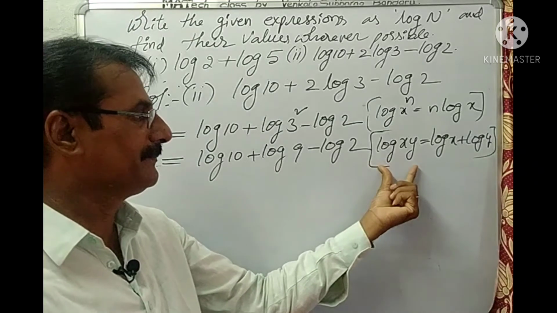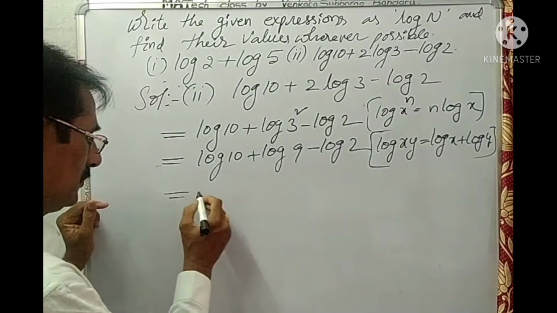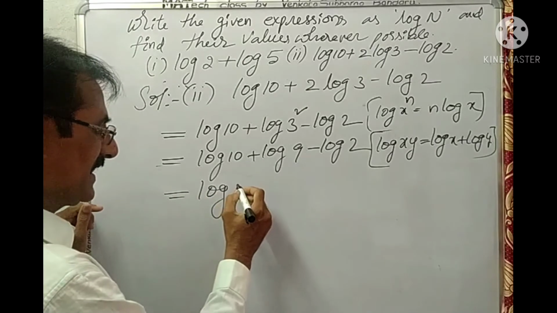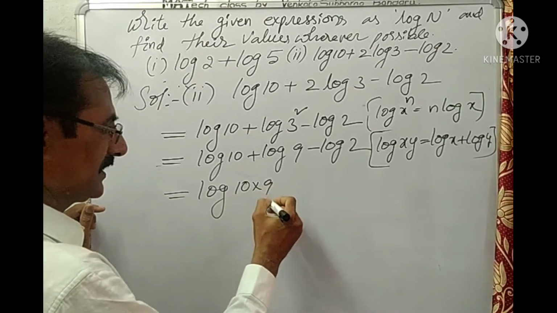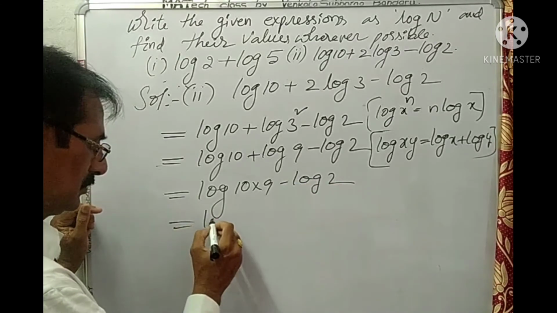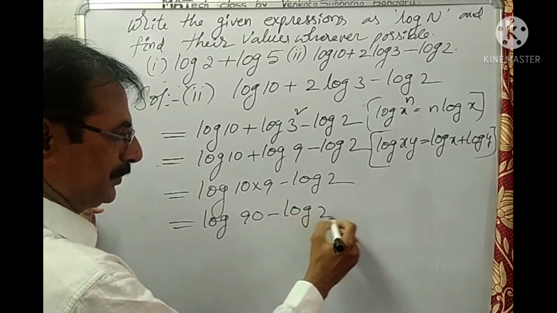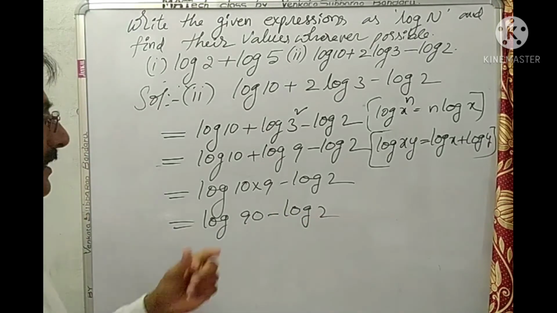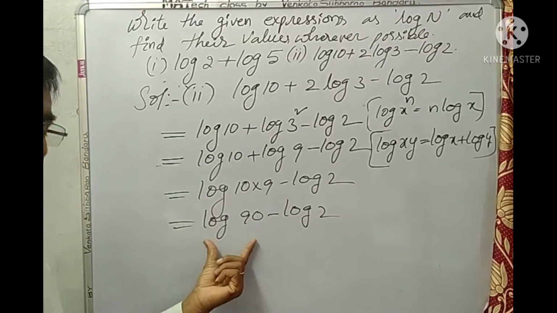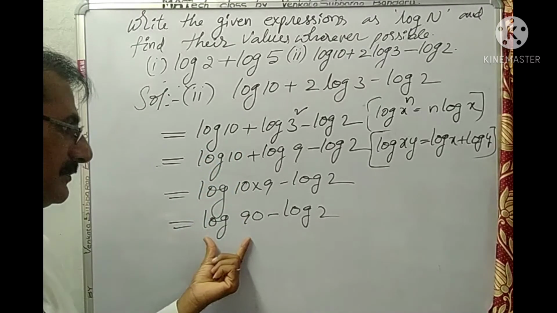So we can write them as log xy as a single one. Now log xy, 10 into 9, is 90, minus log 2, equals log 90 minus log 2. The first two terms are simplified. Those have become a single term.